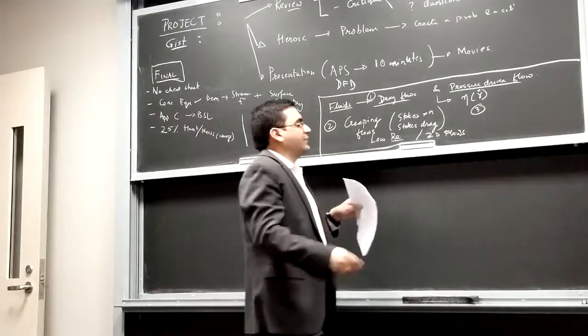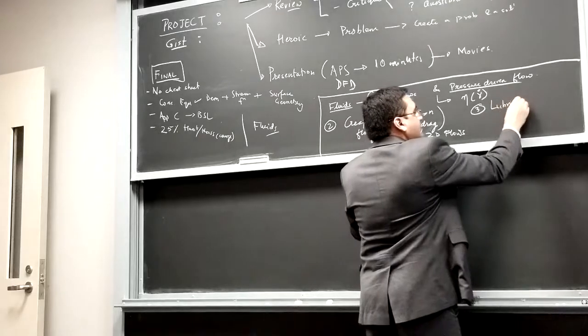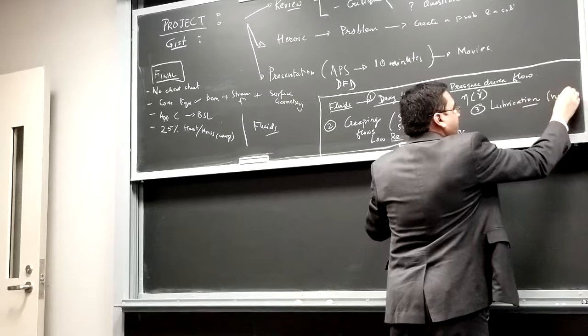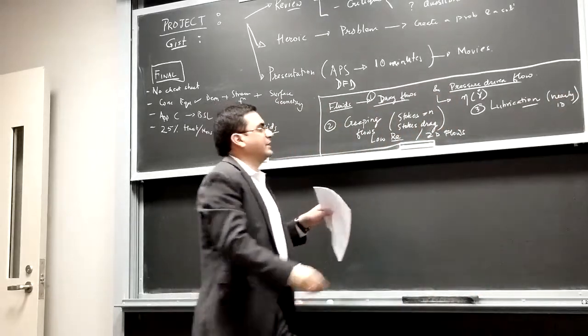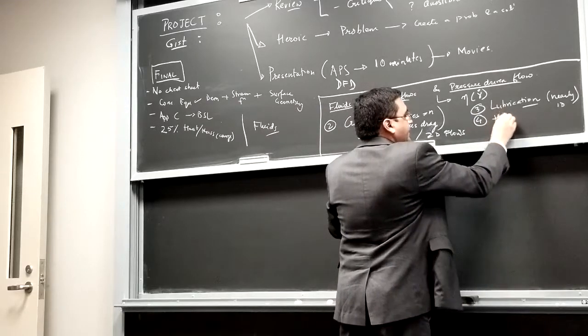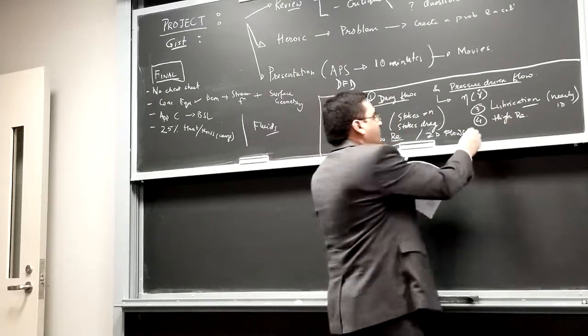So what is left now is we want to have lubrication, which is nearly one dimension. So it's halfway between 2D and 1D flows. Then we want to look at the high Reynolds number, one example, because this is our boundary layer theory.